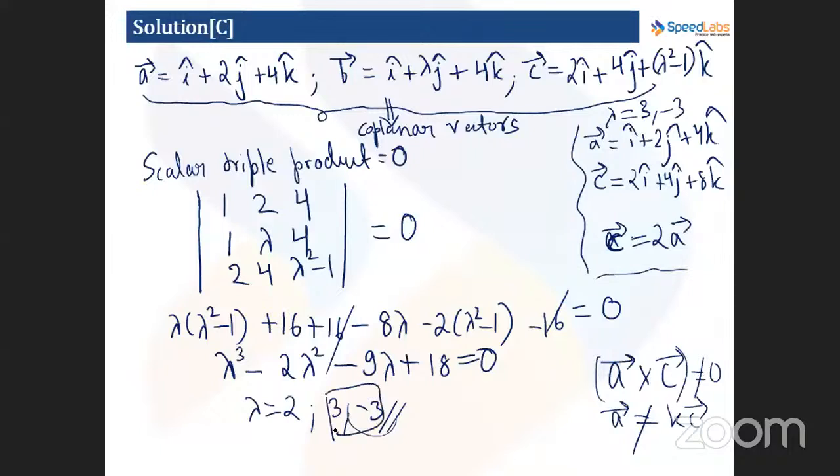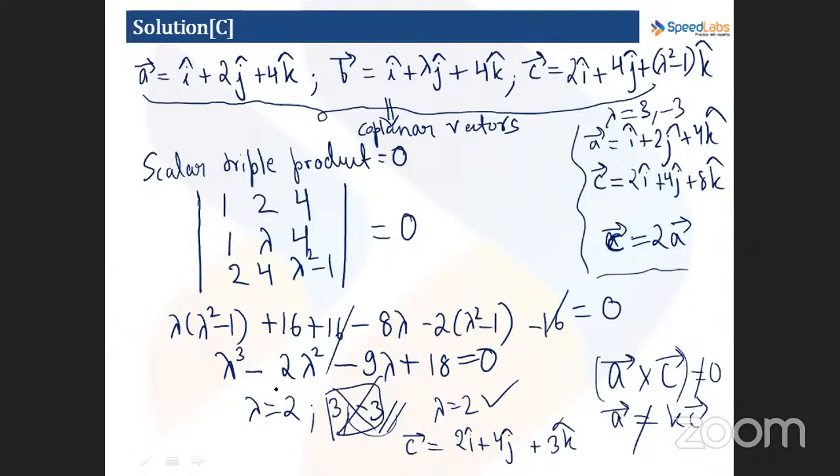So these two values are rejected, and the only value we take here is lambda equal to 2. Now what we had to find was A cross C. So for lambda equal to 2, C vector is 2i cap plus 4j cap plus (4 minus 1) 3k cap.